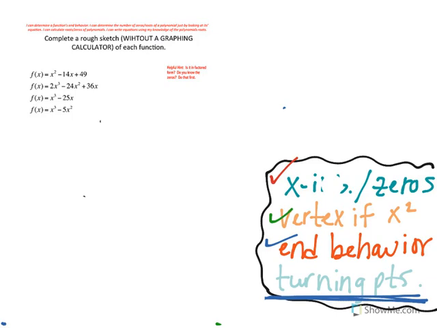Remember, I would always start out with your x-intercepts or zeros, and since this is not quadratic, you're going to have to factor it in order to get your solutions. So pause the video, try to solve this function by factoring, and then go from there. From those solutions, find your turning points. From the function, find your end behavior, and so on and so forth.